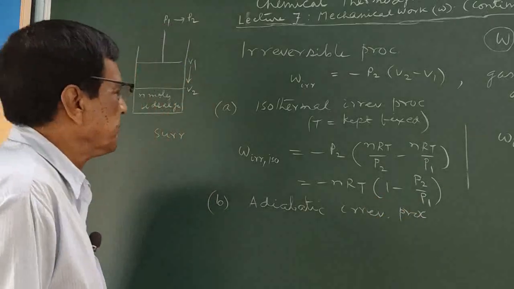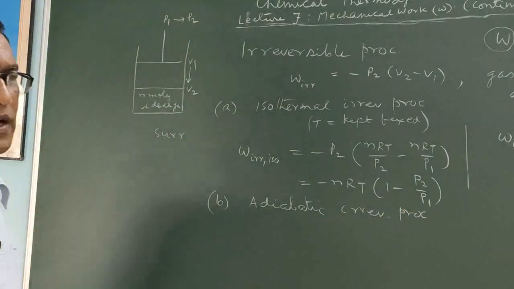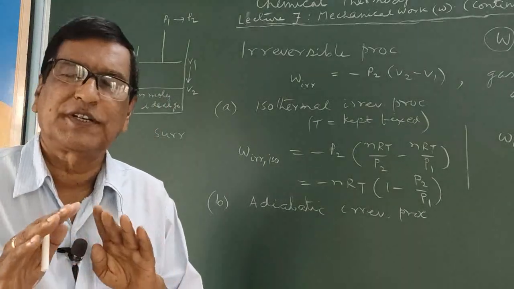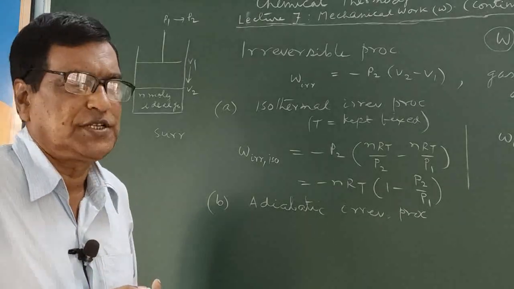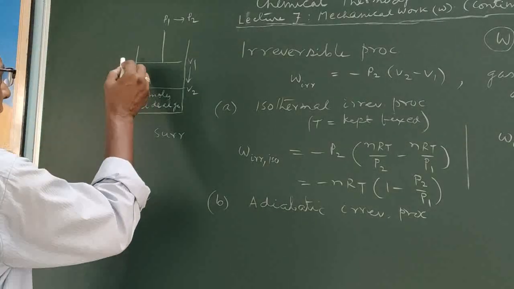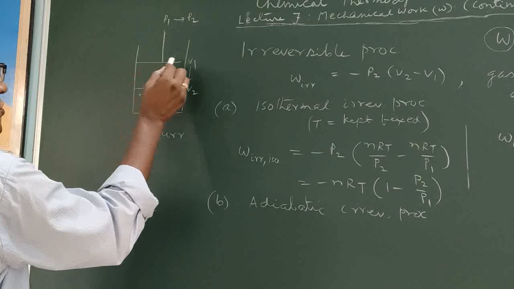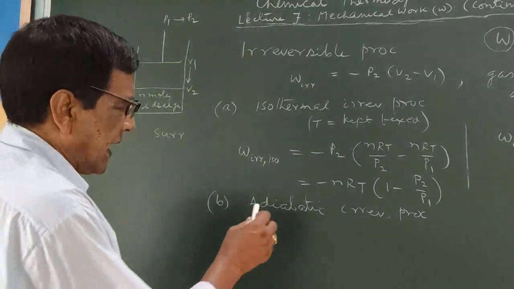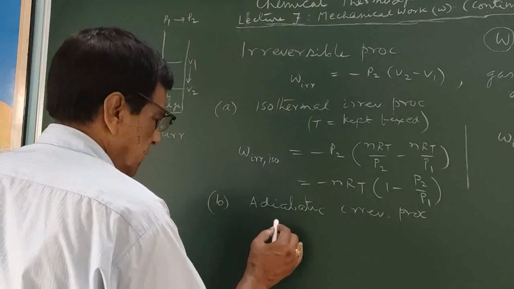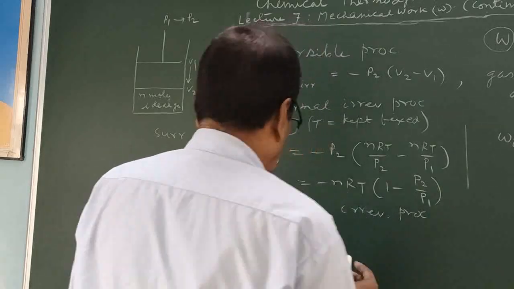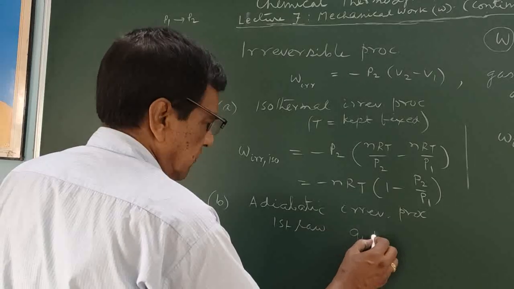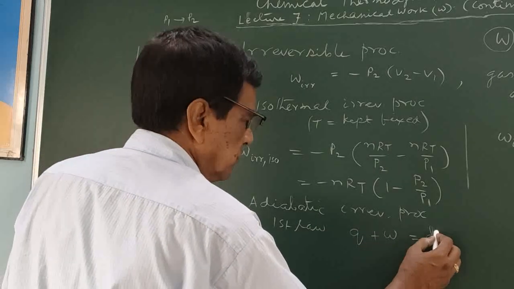then naturally these walls are no longer dithermal; the walls are wrapped by a good insulator so that heat cannot be exchanged between the system and surrounding. This is the adiabatic wall. The piston is also an adiabatic wall. For the adiabatic irreversible process, we can use the first law: Q plus W equals dU.